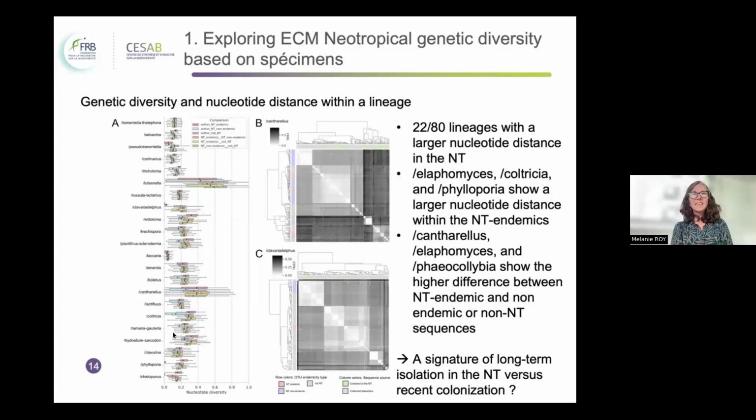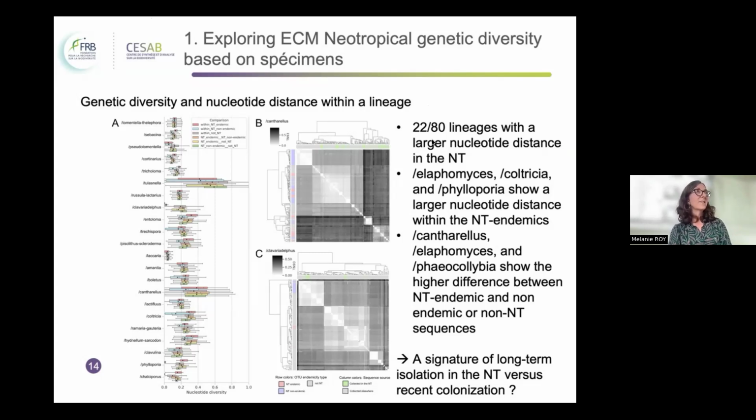So we detected that only 22 of the lineages had a higher genetic distance within species in the neotropics than elsewhere. So the general pattern is a lower genetic distance within species in the neotropics than elsewhere. But there are some clades with distinct patterns, for example Elaphomyces, Coltricia, Phylloporia.